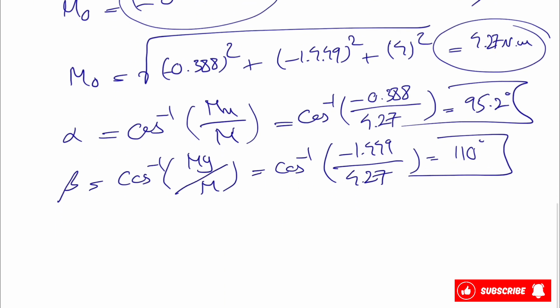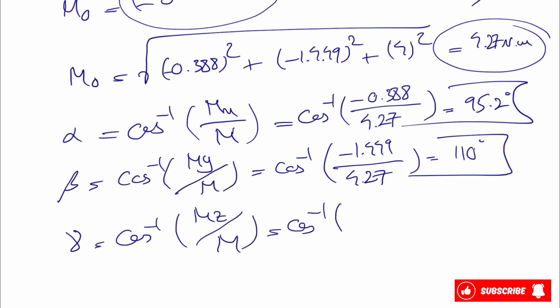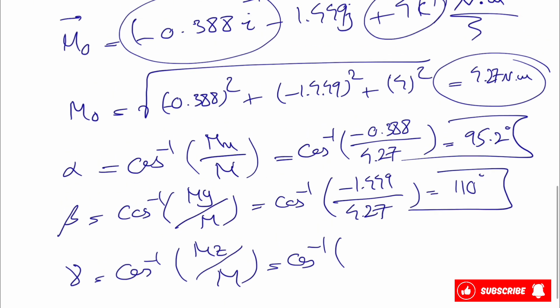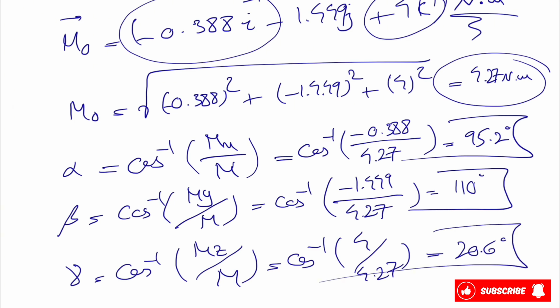And the last one would be the angle with the z-axis, which we show with gamma, and we have cosine inverse of Mz divided by M, which is 4 divided by 4.27, and this will be 20.6 degrees. That would be the final answer for this question.